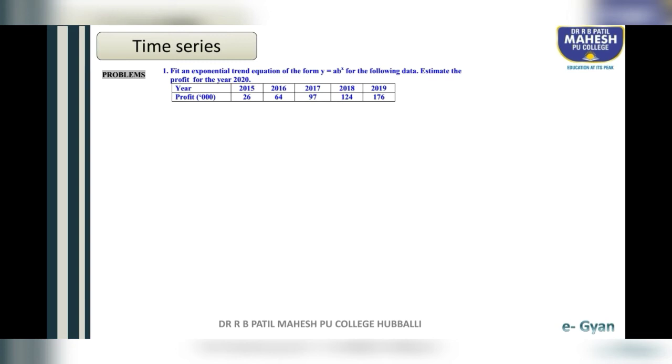After finding log a and log b, the second part is also there. We have to estimate the profit for the year 2020. Okay, two questions you have to find out. Let us solve this. Solution.